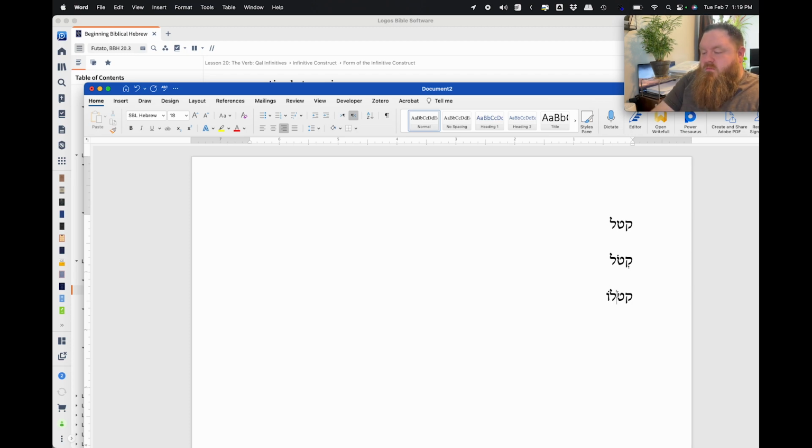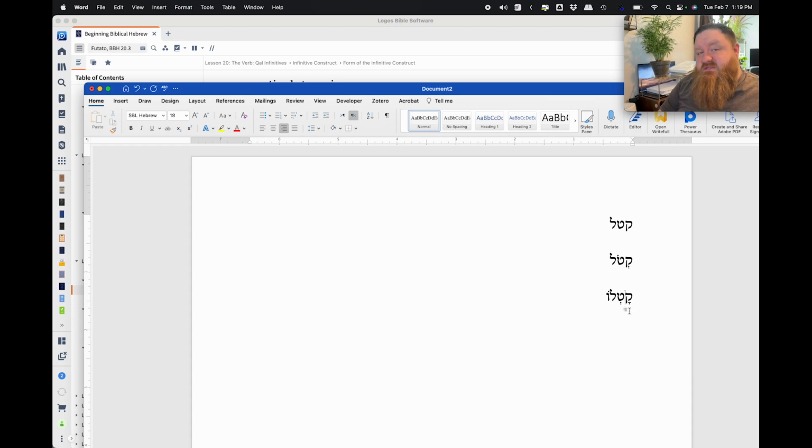So that holum is now a silent shva, and the O class, this is just how I think about it to remember, okay? This is not necessarily morphologically what happens, but this helps me remember what's going on. I imagine that O class vowel, it can't be here anymore, so it's just going to jump back here as a kametz chatuf, okay? This is the form you're going to see.